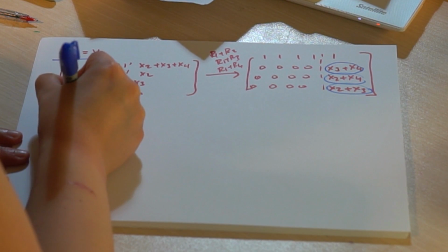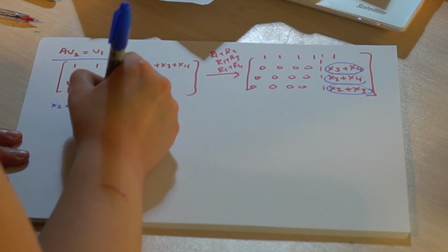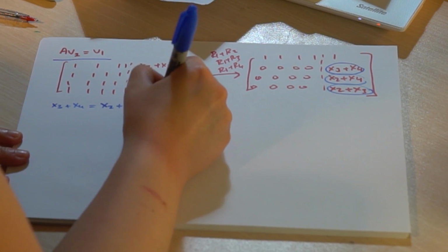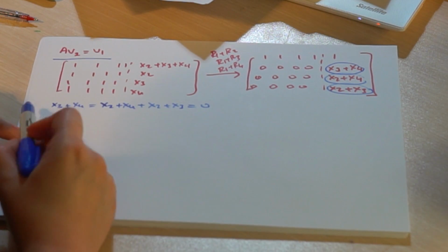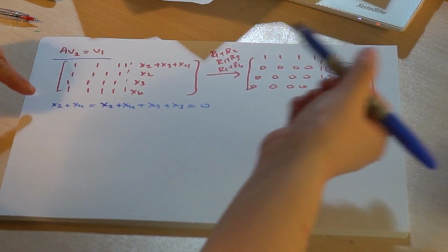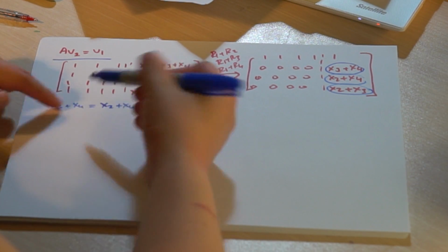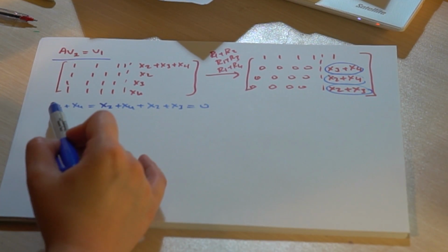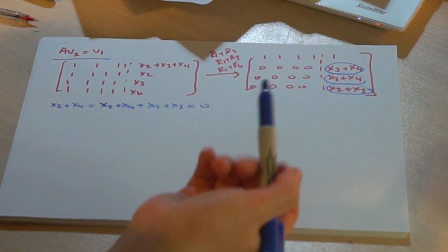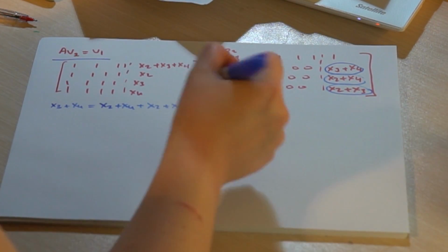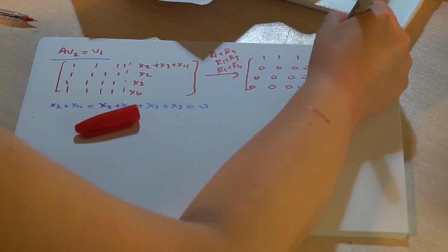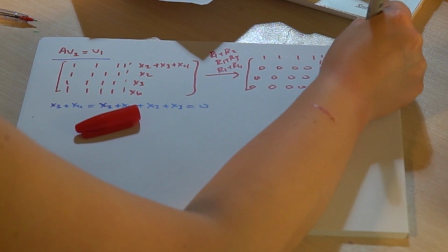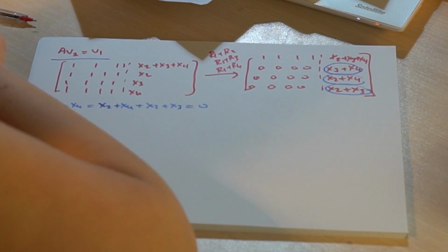So x3 plus x4, x2 plus x4 and x2 plus x3 are 0, right? Here we still have x2 plus x3 plus x4.